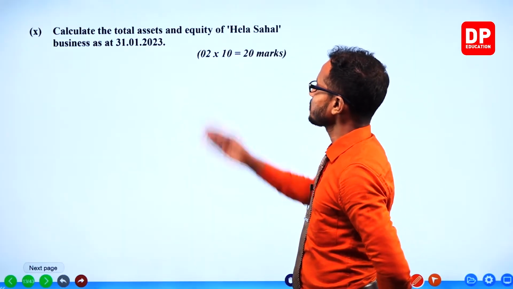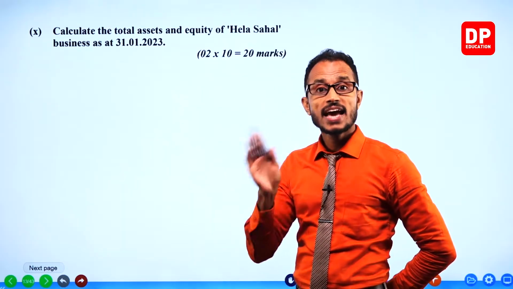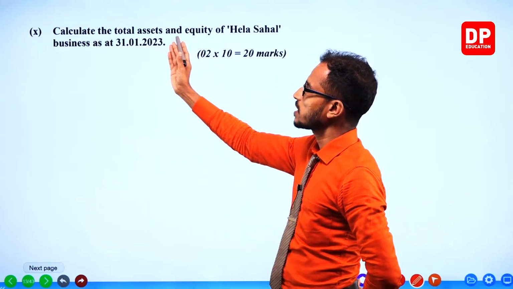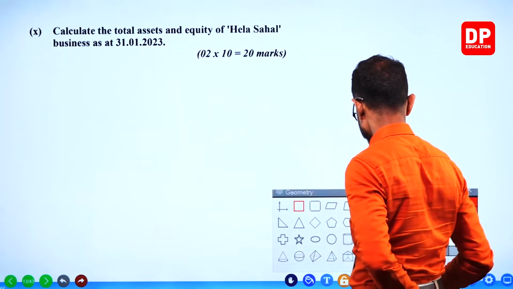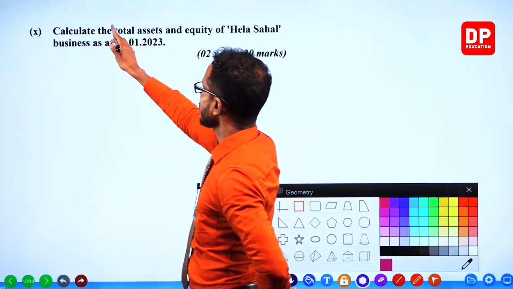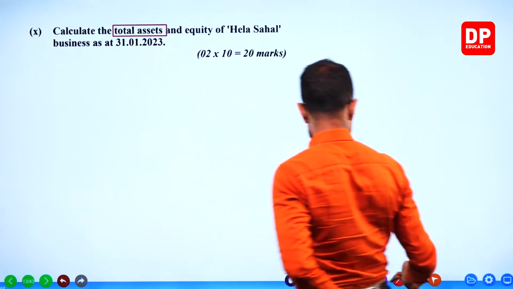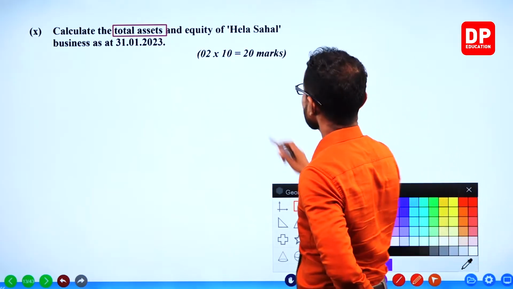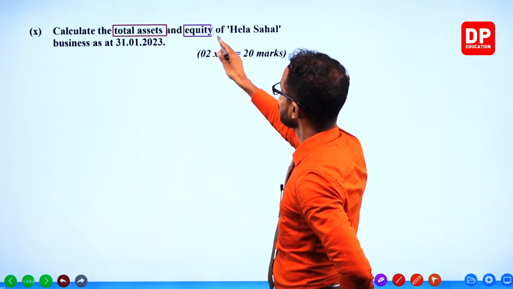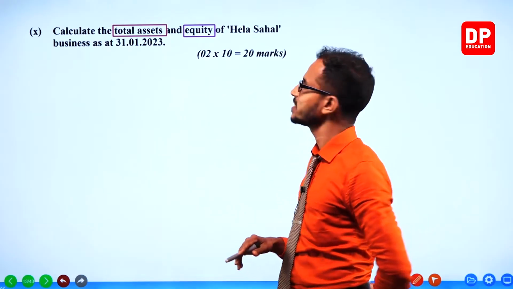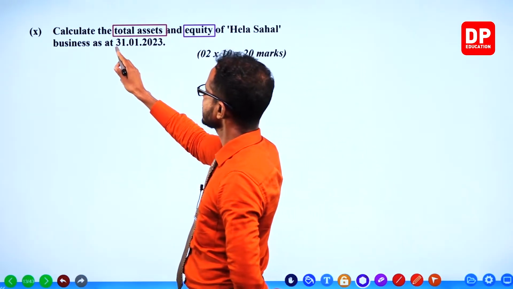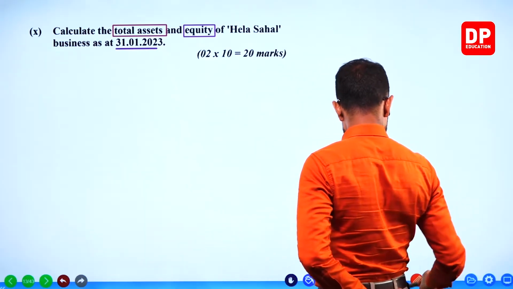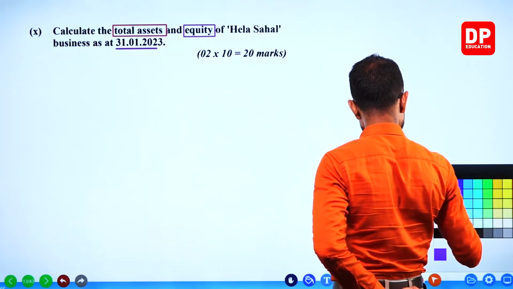Now, we need the cash balance from the cash book which we prepared to calculate total assets. And we need the net profit that we calculated to get the equity as at 31st January.